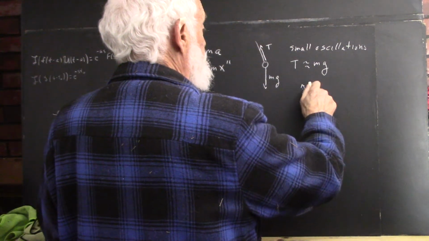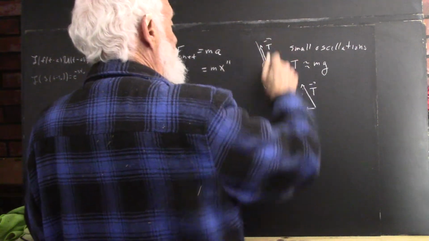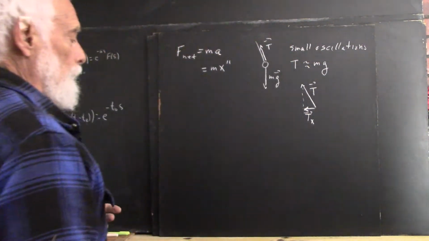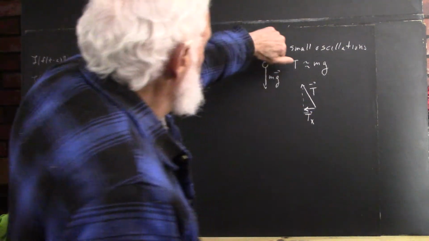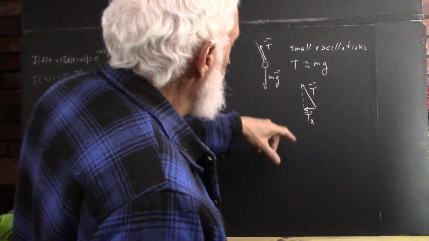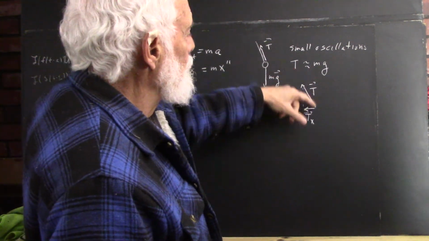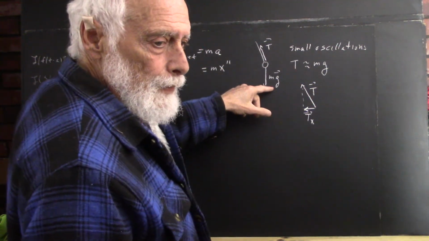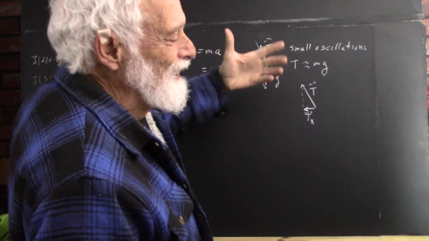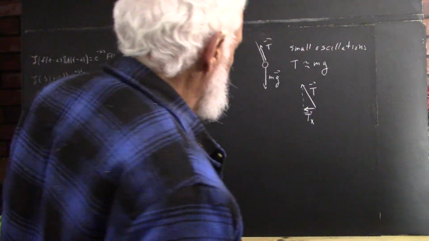And here's your tension. Of course, these are vectors. And this can be represented as a vector or the scalar amount of the vector. Okay, this tension tends to pull the mass back toward equilibrium. For small angles, the vertical component of the tension is going to be equal to mg. Well, no, because the motion is in a circular direction.